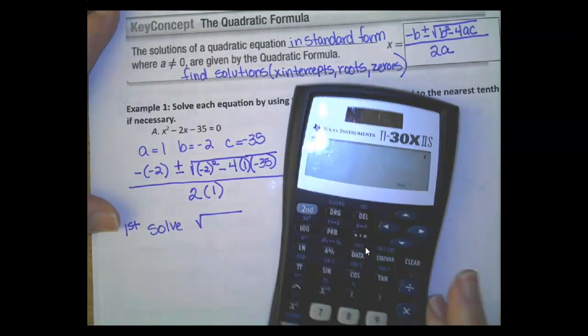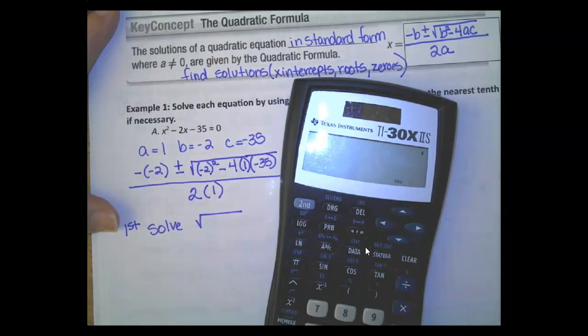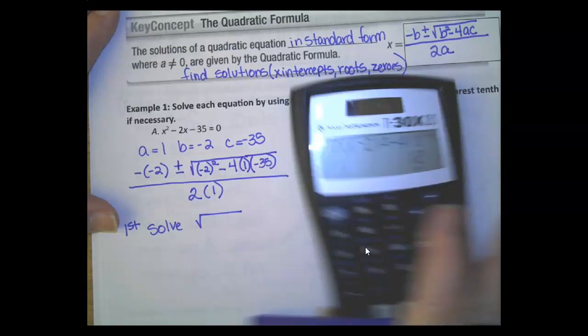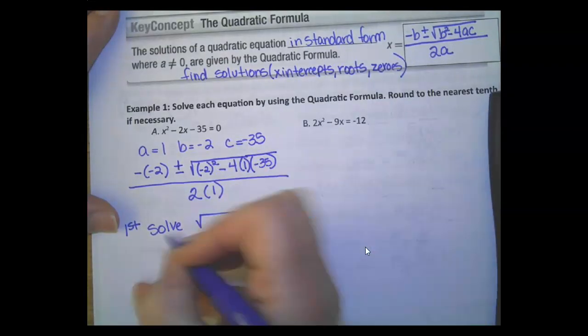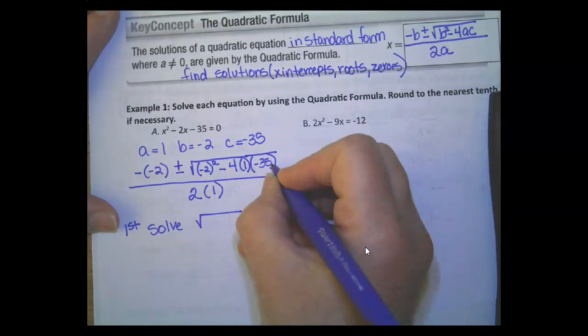So I'm going to say second, square root, parentheses, negative 2, parentheses, squared, minus 4, parentheses 1, parentheses, negative 35, parentheses. And I got 12. So when I did that, I got 12. So all of that becomes 12.